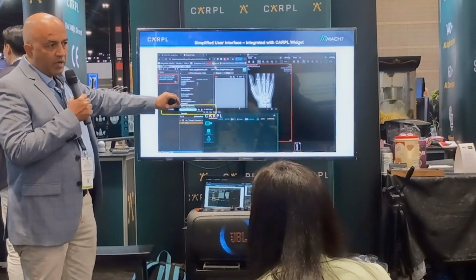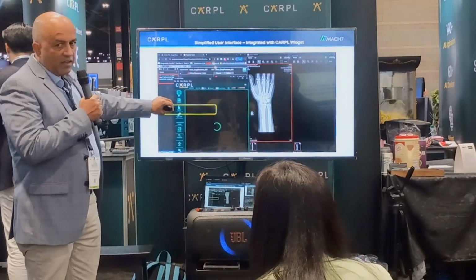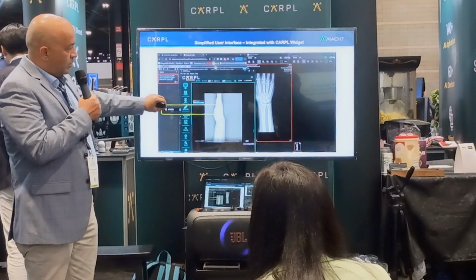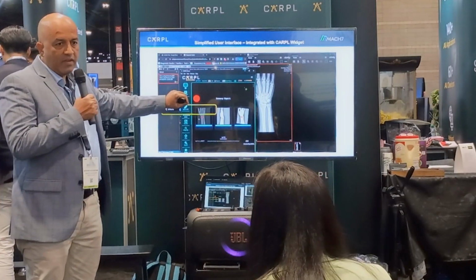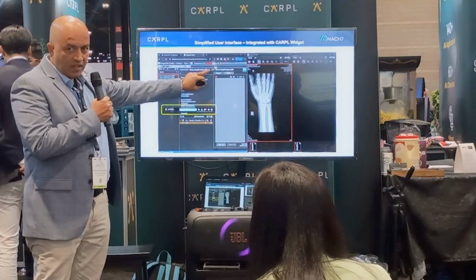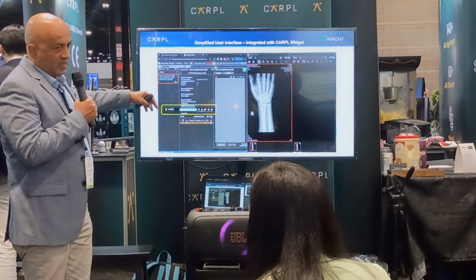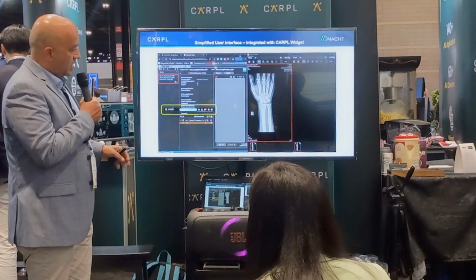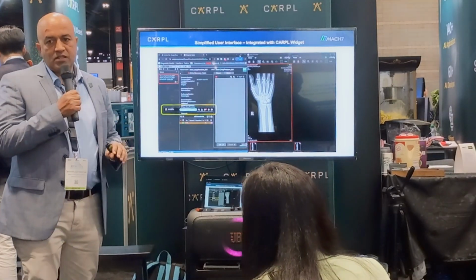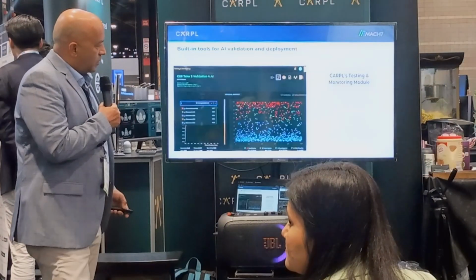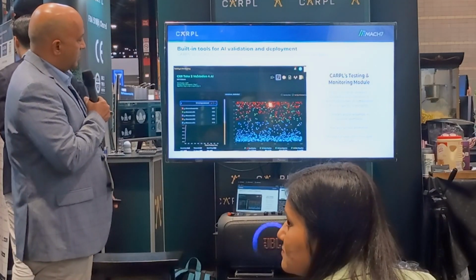That means that particular study had some AI findings, and now he can go deeper into that AI finding without leaving his screen and look at what the AI is saying, right? Now, this makes the whole user experience extremely good. So that was an integration example.